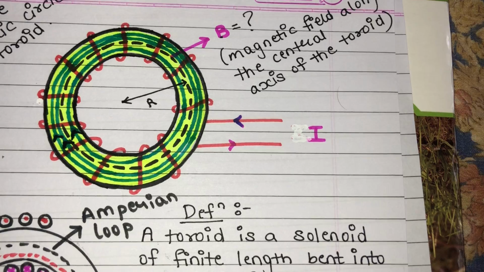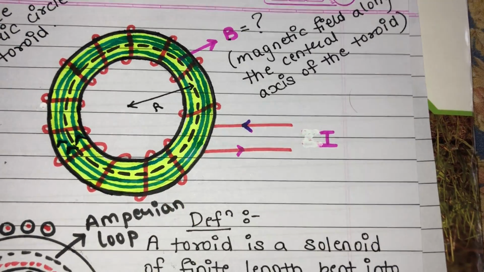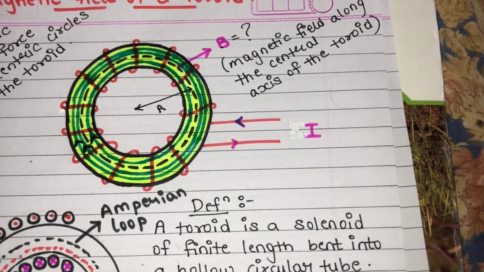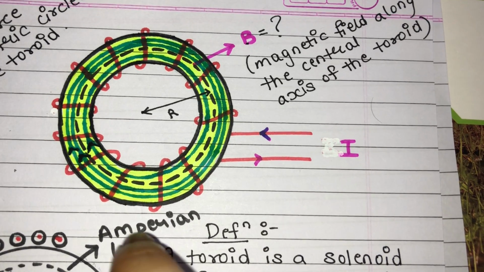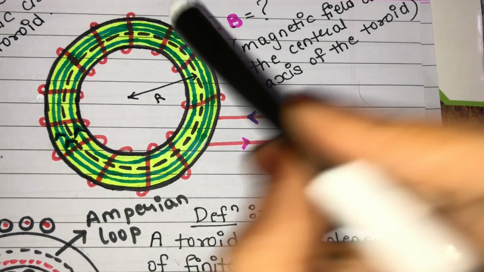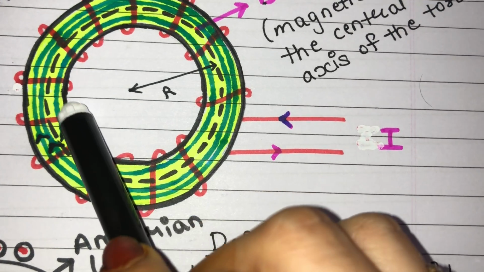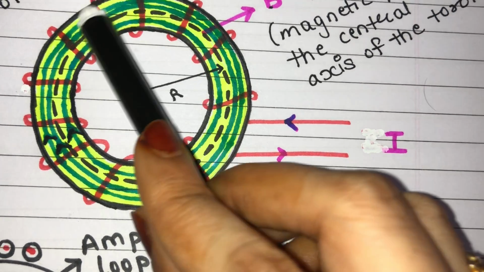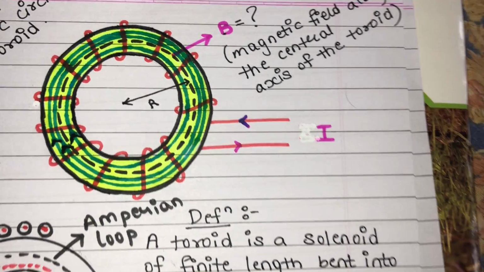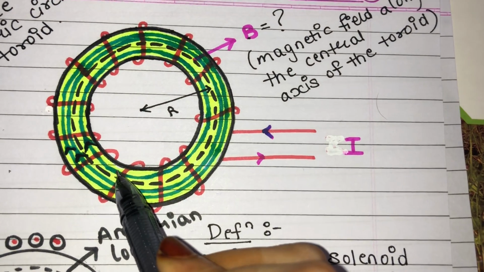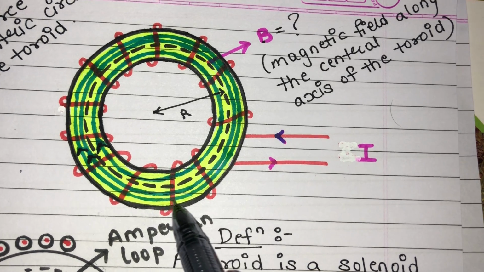Now, if there is a magnetic field inside the toroid, which is hollow from inside, what about the magnetic lines of force? Magnetic lines of force will be concentric. Inside the toroid, see this shown with the blue sketch pen, this concentric circle, this circle, and this circle.